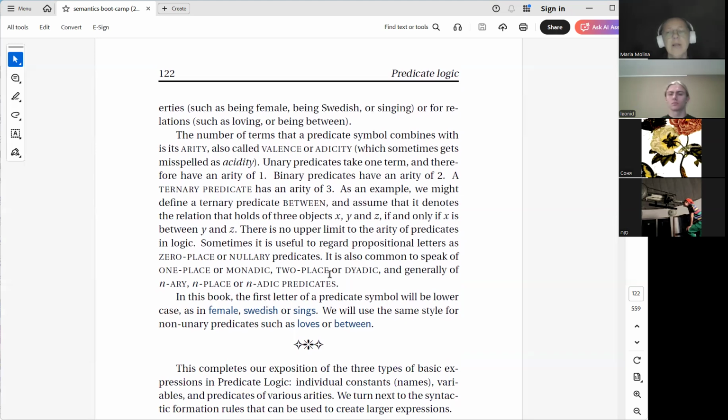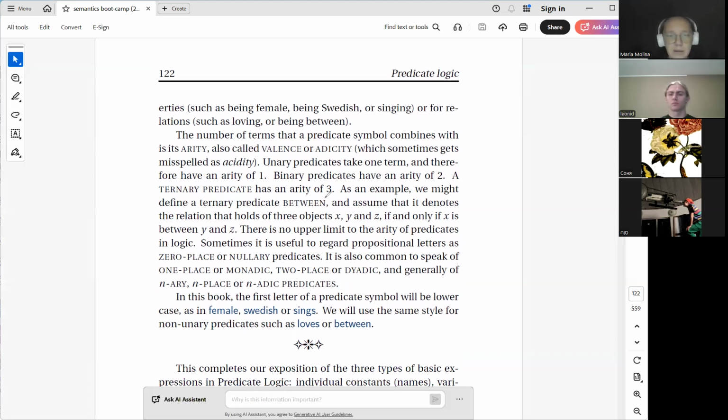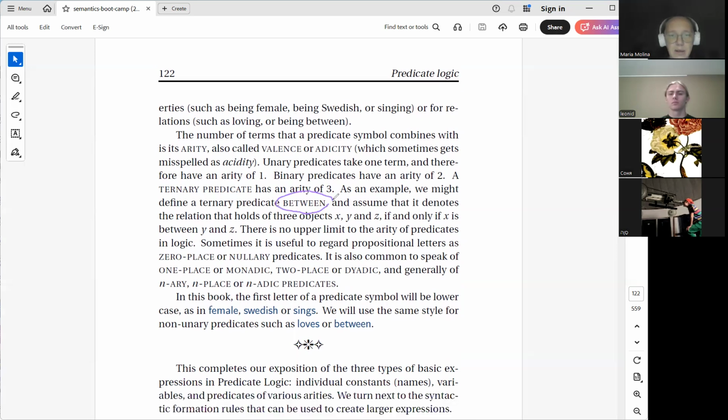For example, there is this predicate between, and it's a ternary predicate because it defines that some x stands between y and z.